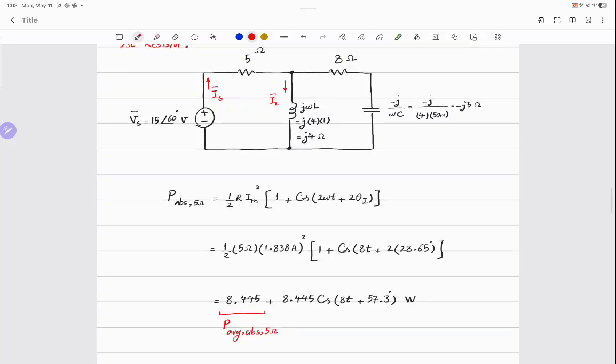IS times a fraction, over the resistor. Now, what is the numerator? The numerator is 4j. Right, that's the opposite. No, 1 over 4j, yeah. 1 over j4. What is the denominator?